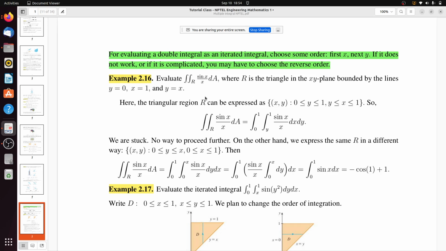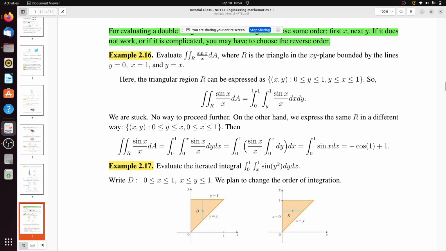So here our limit of integration is y varies from 0 to 1, x varies from y to 1, of sin x by x dx dy. There is no way to proceed further, we are stuck here.